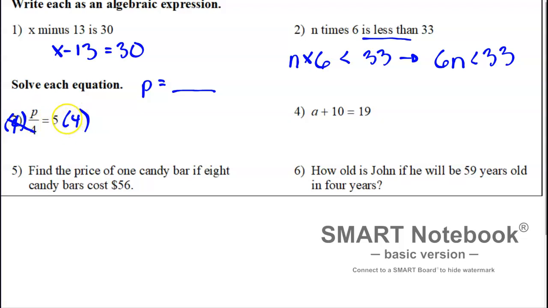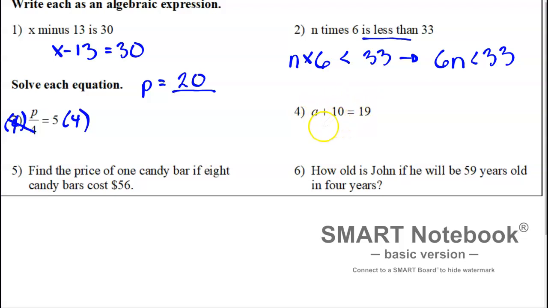And over here it doesn't cancel, so I have p equals 20. Okay, so I solved. Now notice that this is, like our content objective says, one step because it just took one step. Since I was dividing by 4, I multiplied by 4 in one step and solved for p. Done.